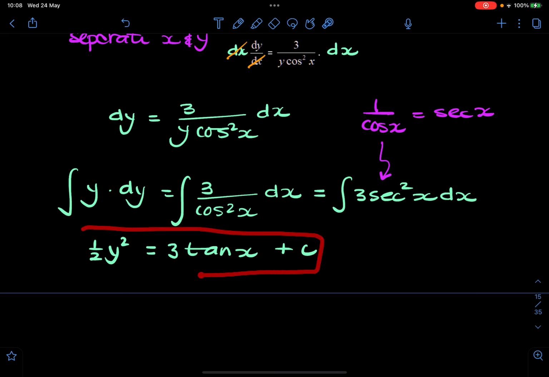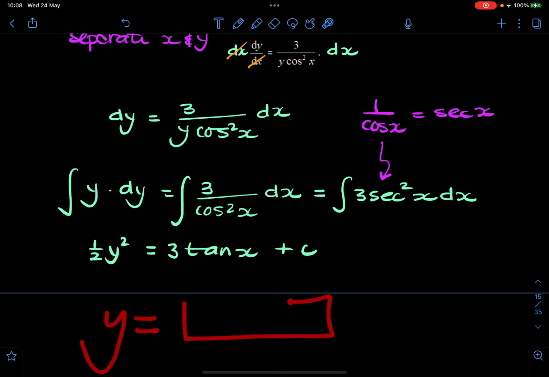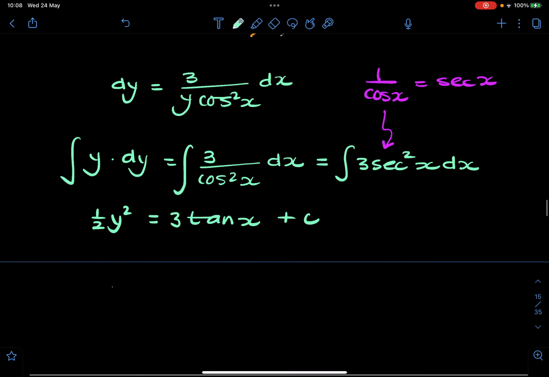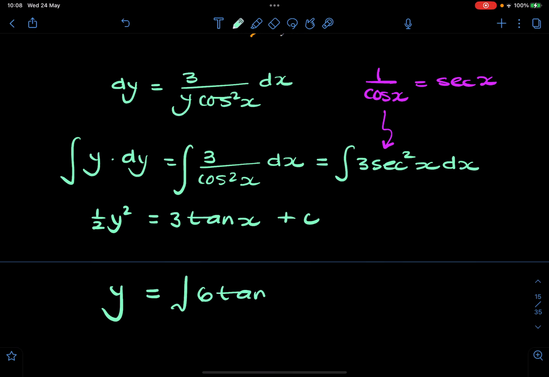Now we can stop there, but that wouldn't be solving our expression. To find the solution, we need y equals. So that means getting rid of this constant and getting rid of that power. If you multiply both sides by 2, you'll have y equals square root of 6 tan x plus 2c under square root.